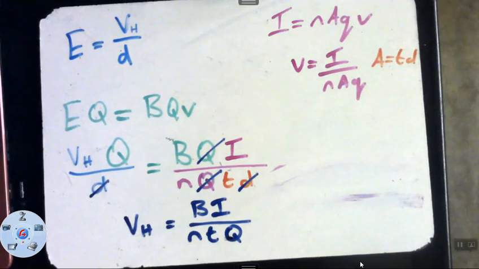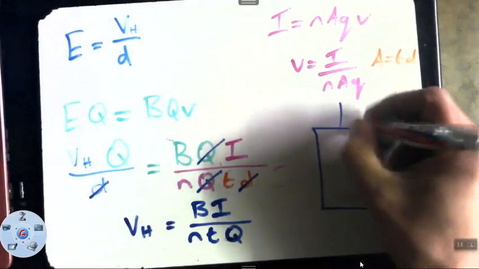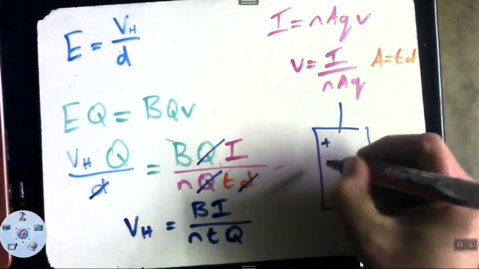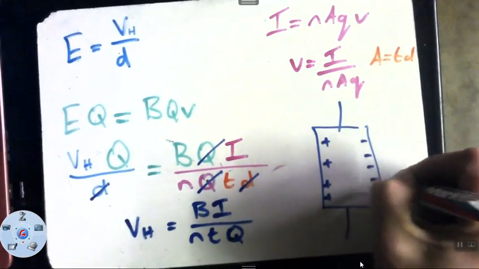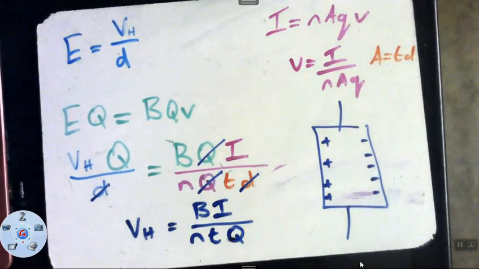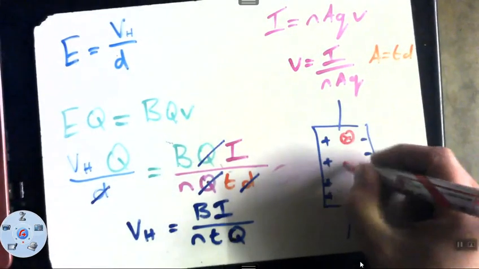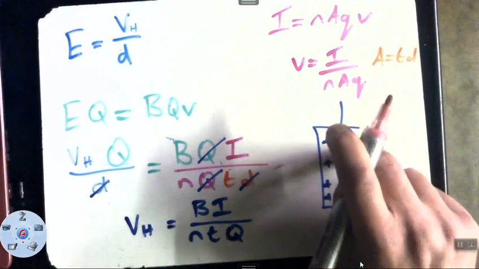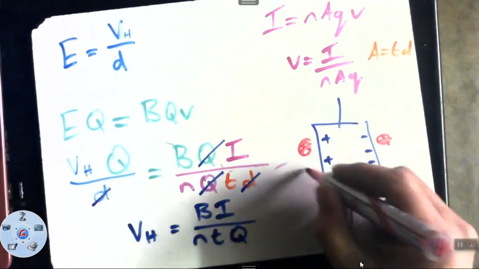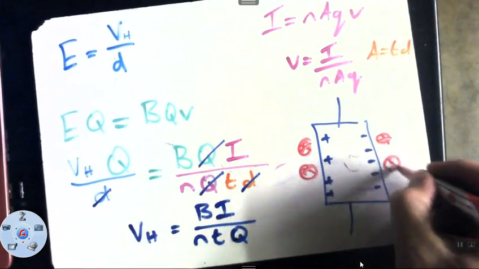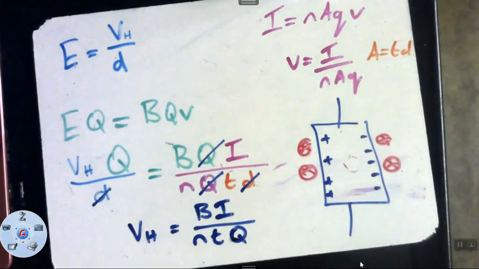Now it's also important to remember with our current flowing through, so here's my wire, we create a positive and a negative side, but we also have a magnetic field going through. So we are creating once again an electric field and a magnetic field which are perpendicular to each other.